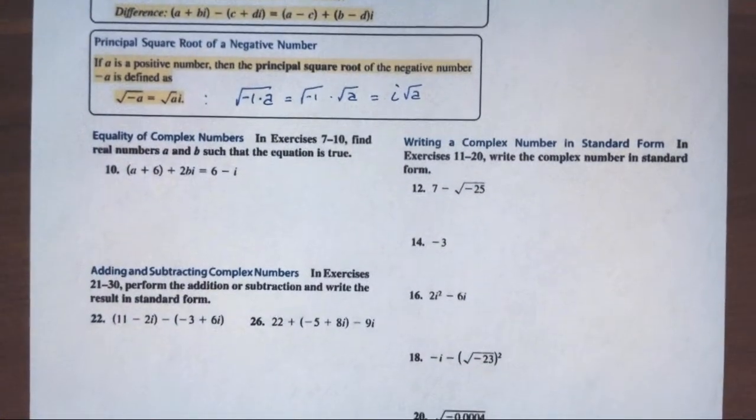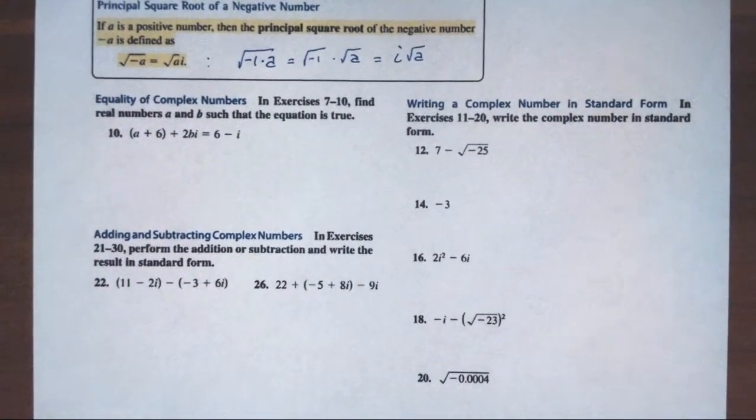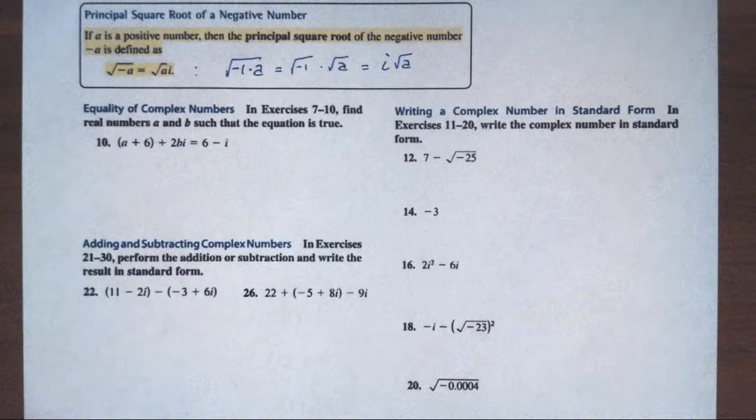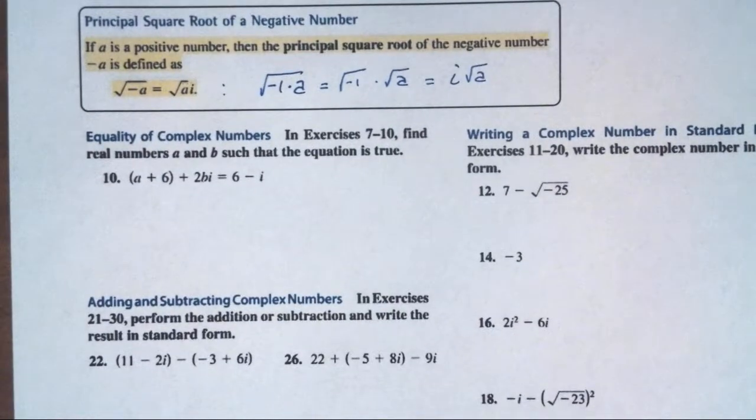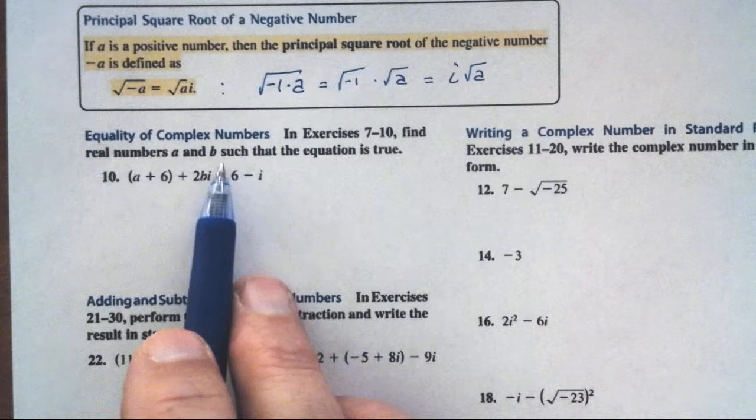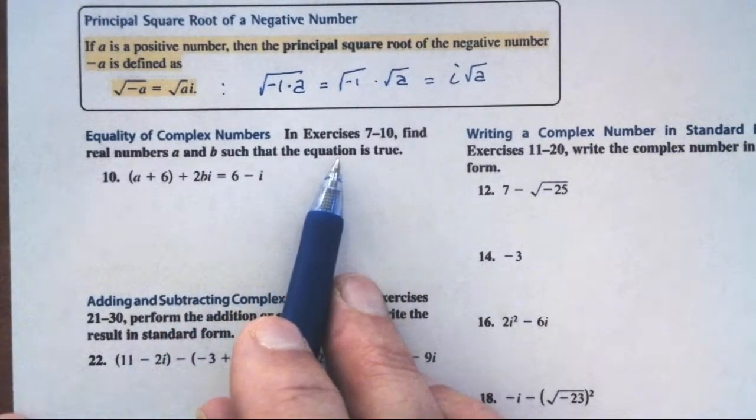Okay, so as I said, mechanics, I think you're going to find these not to be particularly challenging. I'm going to get zoomed in here a little bit so you get a good look at these. Find real numbers a and b such that the equation is true.